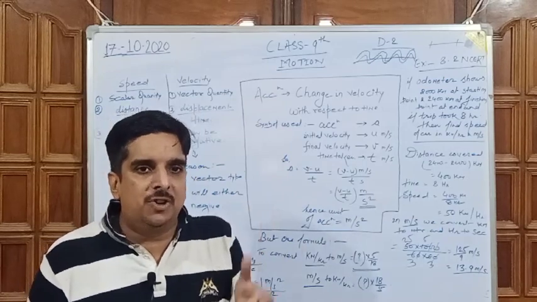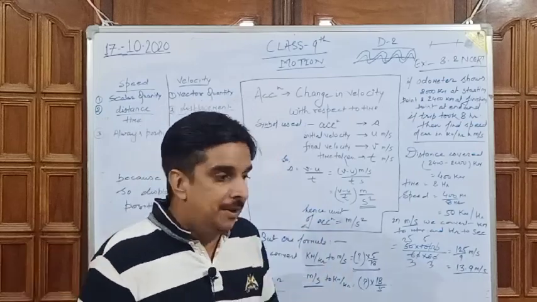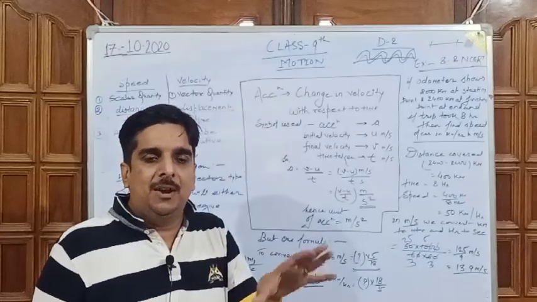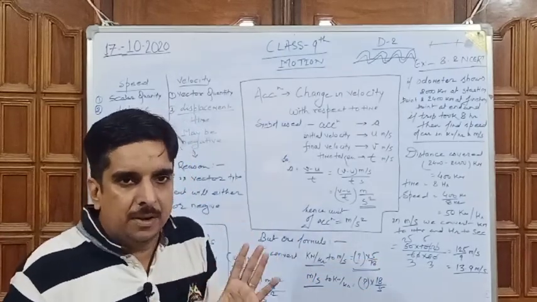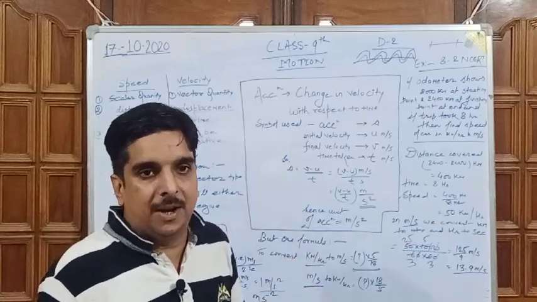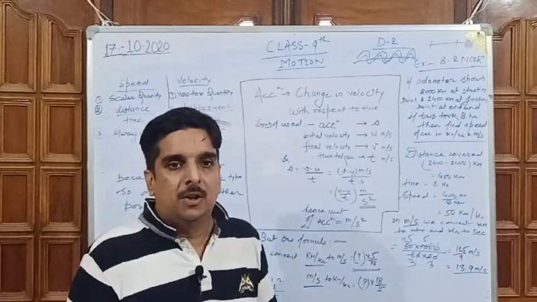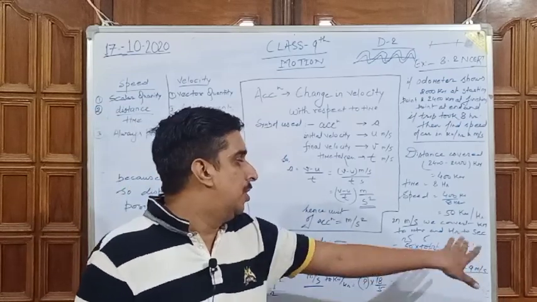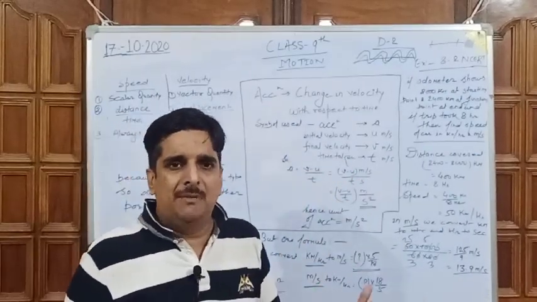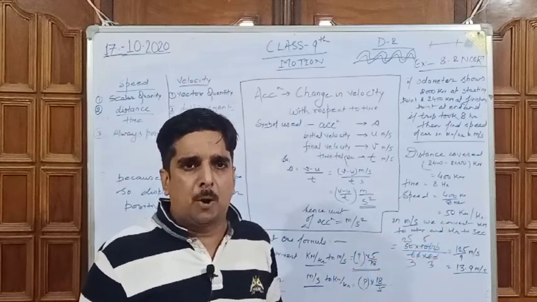Now from my side, a very tricky and smooth solution. If in any given unit you have to convert kilometer per hour to meter per second, then from the examination point of view, don't put into 1000 by 60 into 60, because due to tension in the examination, it might be possible that your calculation will create some problem for you.